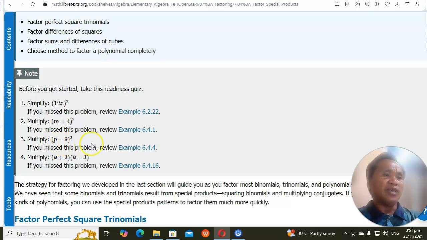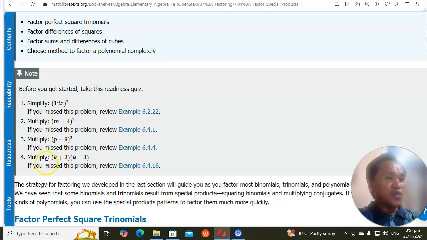Then multiply it by 2, you will get negative 18p. Then you square the second term, negative 9 squared, and you will get positive 81. So the product of (p - 9) quantity squared will be p squared minus 18p plus 81.